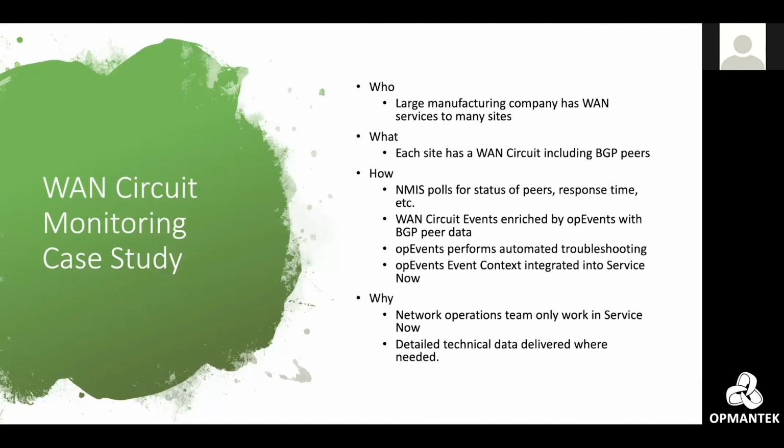And then what this customer did is they put that whole event context automatically into ServiceNow. So when these WAN circuit events come in, a ticket is opened in ServiceNow automatically. It's all linked together, so ServiceNow knows which event in OP Events created it. They use our APIs for authentication, so ServiceNow authenticates through, and it's all single sign-on. The username is passed through the system.